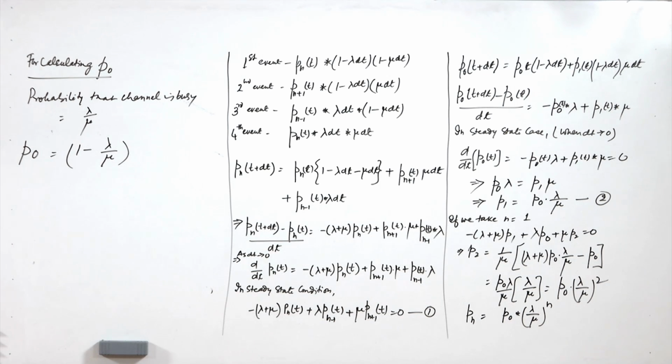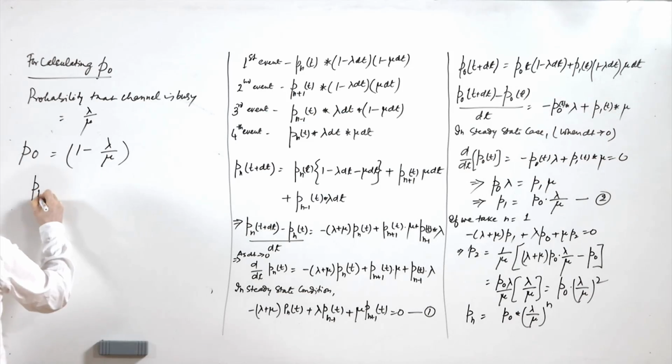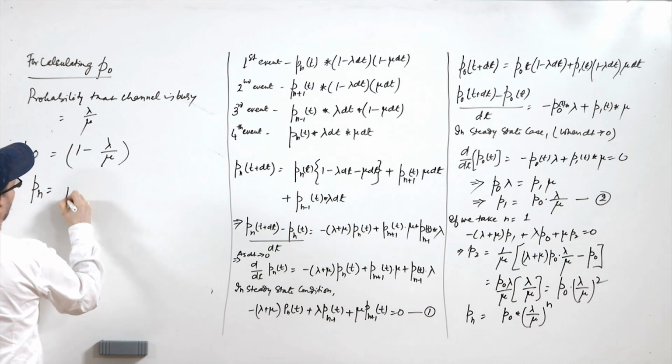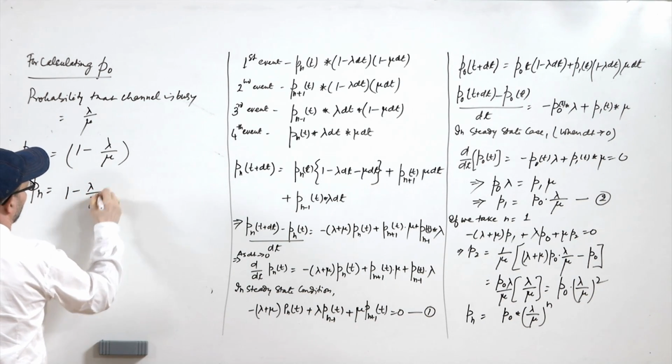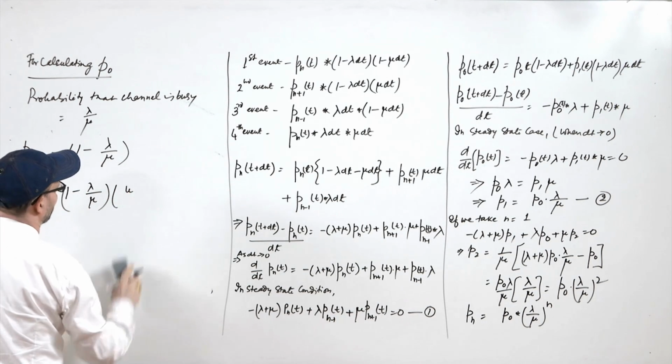So, once we get this probability value, then from there you can find P n as 1 minus lambda by mu, and then lambda by mu raised to the power n.